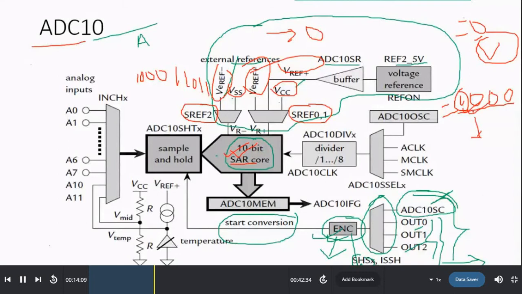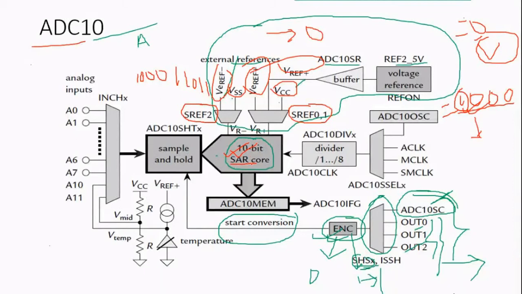Okay, so next is the SAR core. This is 10-bit. This core is enabled by setting the bit ADC10ON. So ADC10ON equal to 1 means that this SAR core is enabled.